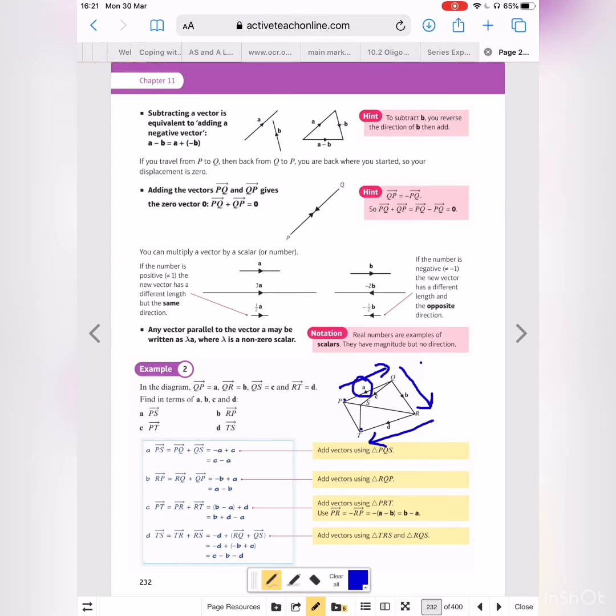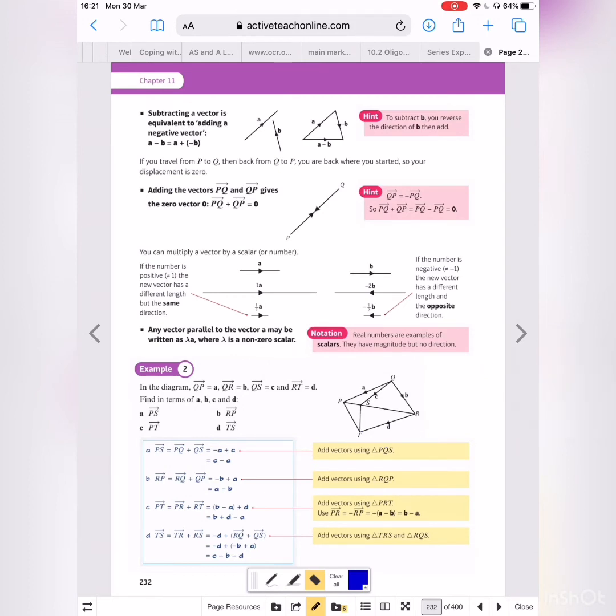Well, it must be minus A, because we're going the opposite direction to that arrow. Then we've got plus B because we're going in that direction. And then plus D, because we're going in that direction again. So again, minus A, plus B, plus D, written in any order, not a problem.